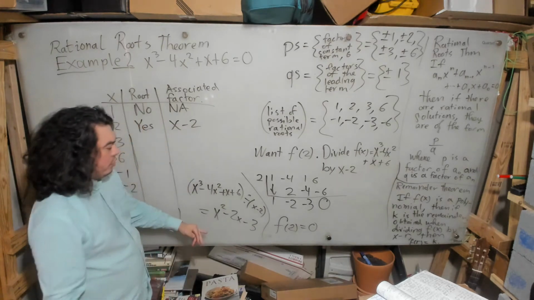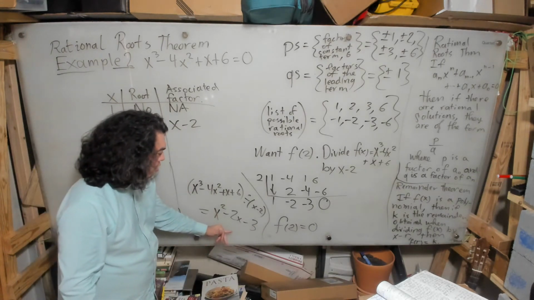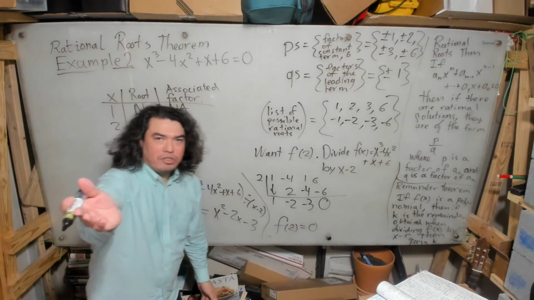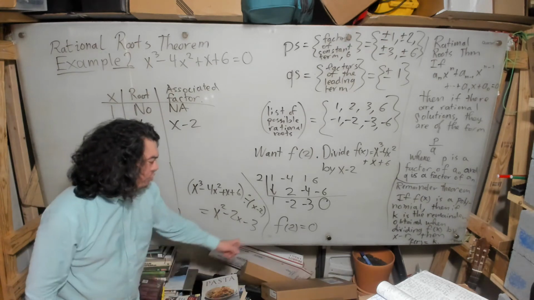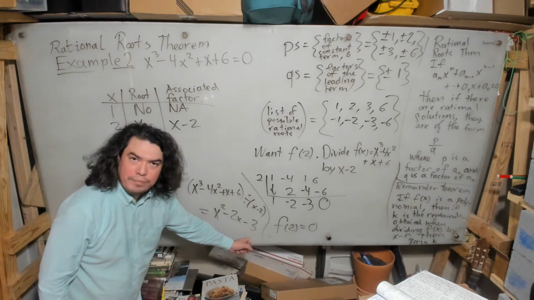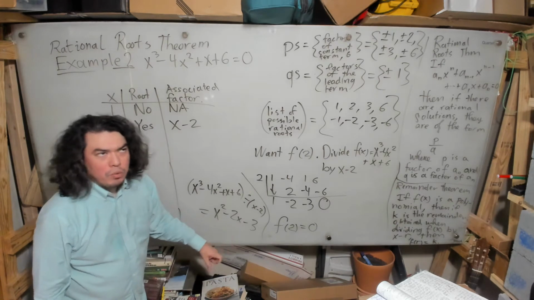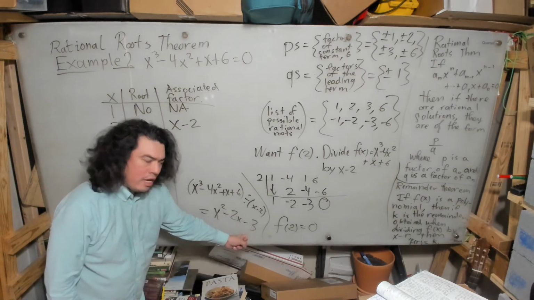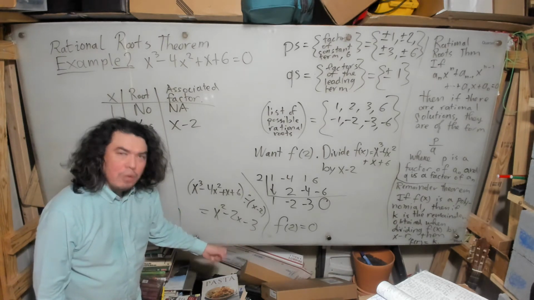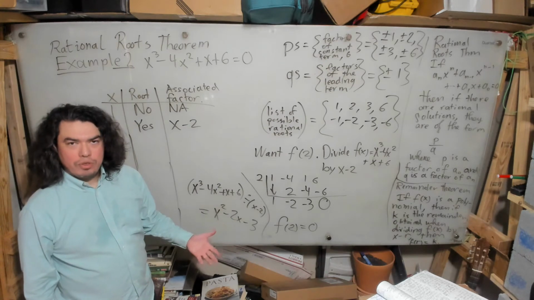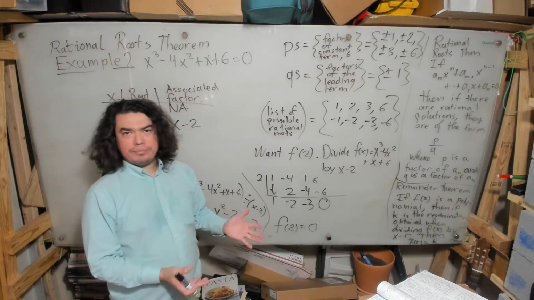Then of course, from here, if we were going to factor this as a quadratic, we would ask what two numbers multiply to give me negative 3 and add to give me negative 2. Well, I know that the numbers that multiply to give me 3 are 1 and 3.